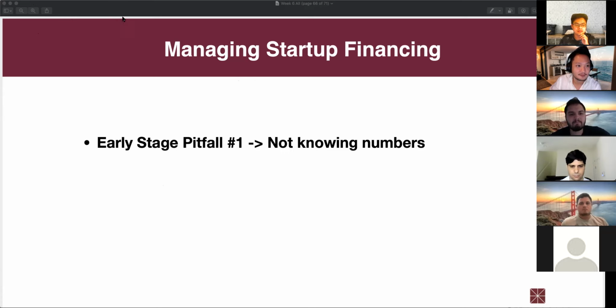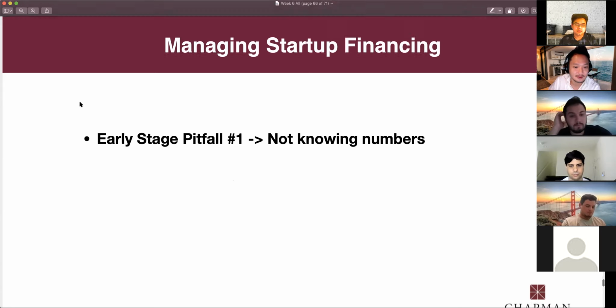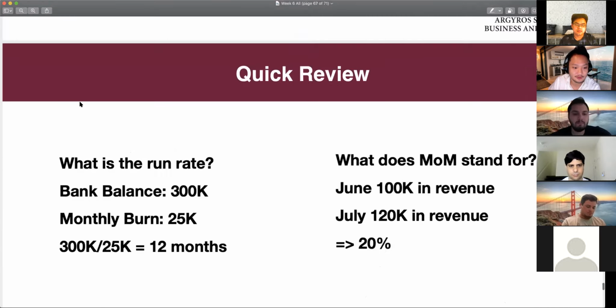So growth rate and then runway, right? So burn rate, money going in, money going out, runway, and then growth rate, the three things that they focused on. So let's go back one, let's do a really quick review.